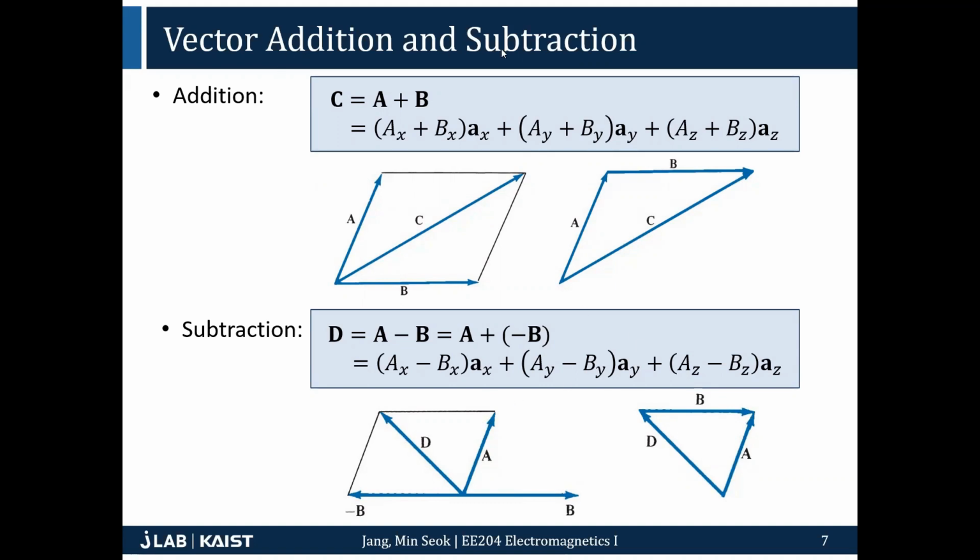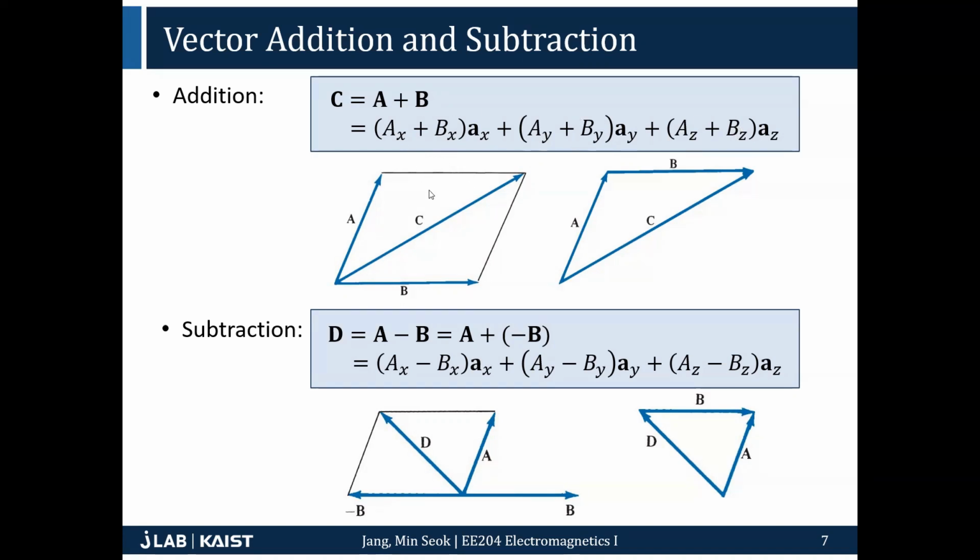So vector addition and subtraction. This is also an easy topic, so I should go fast. Everyone knows this parallelogram technique, right? When you want to add two vectors, A and B, you just add their components, component by component.